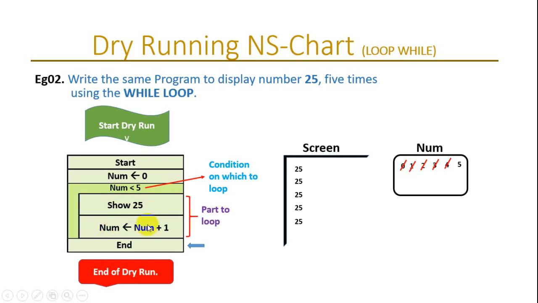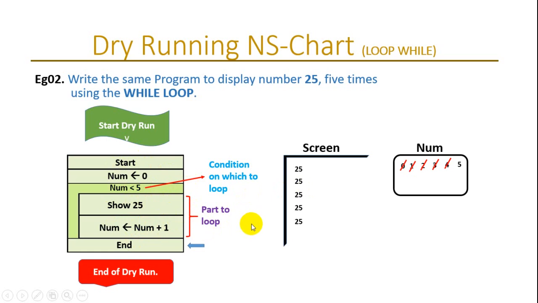Every time it hits this, num will be incremented by 1. So from 0 it will increment until it comes to 5, as you saw, and when it is 5, it comes out of the loop. So that is how a while loop works in this case.